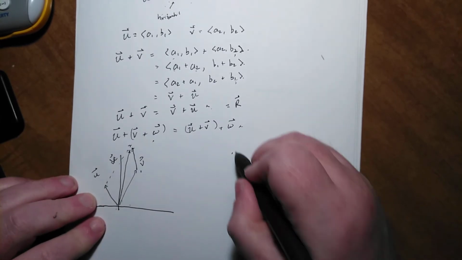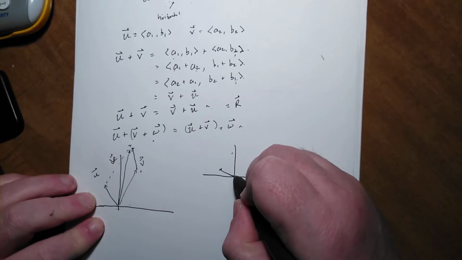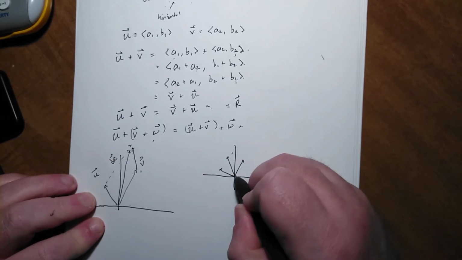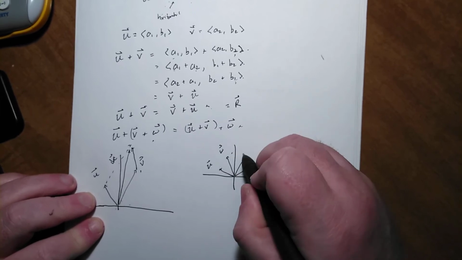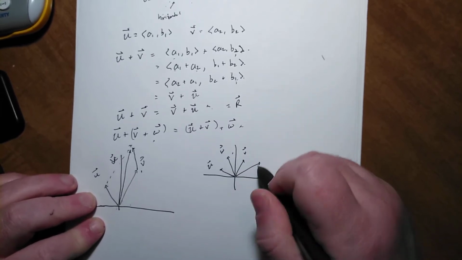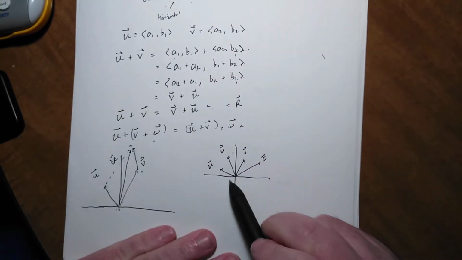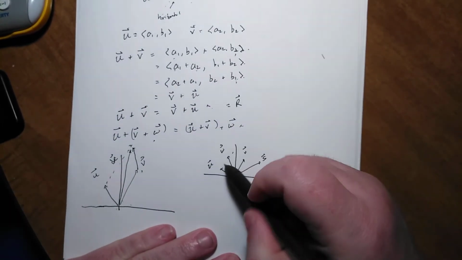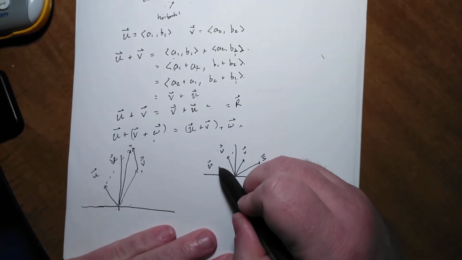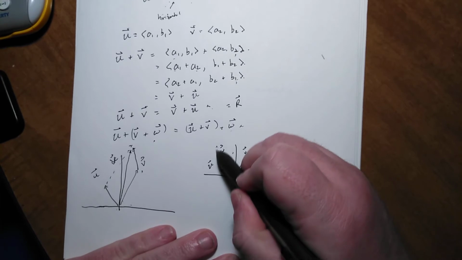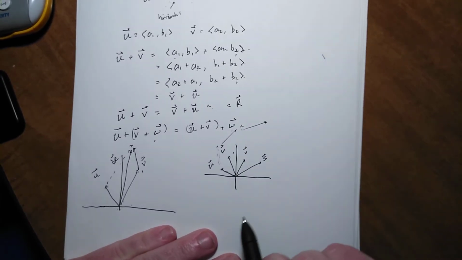If you have a cruel teacher that gives you all of these vectors, and they say, okay, well, go ahead and add geometrically u, v, w, and s or something, then you've got to do this whole tip to tail business with all of this stuff, and then hopefully you can make some sort of a polygon out of this thing.